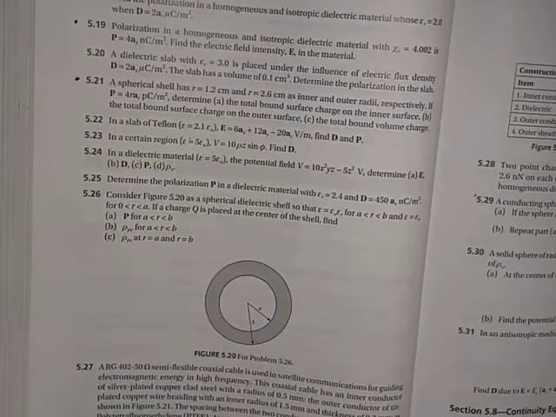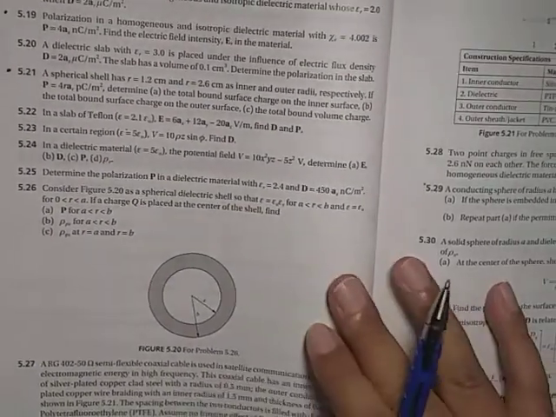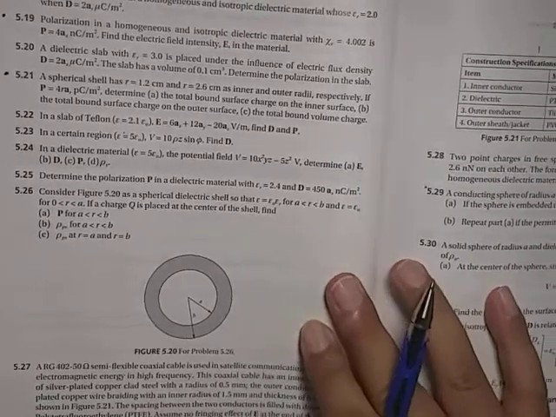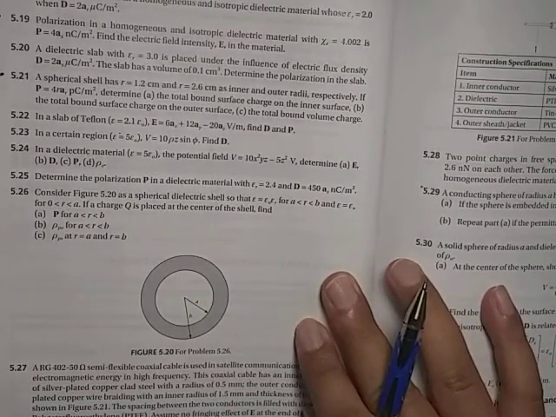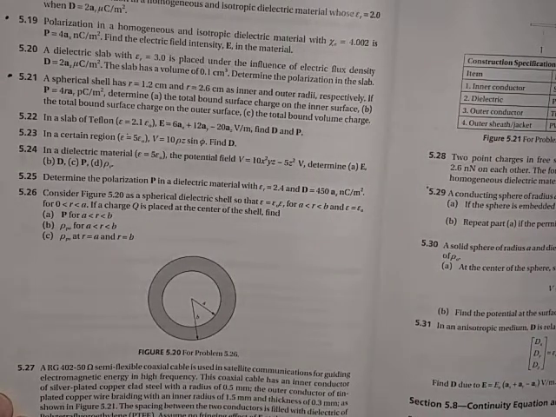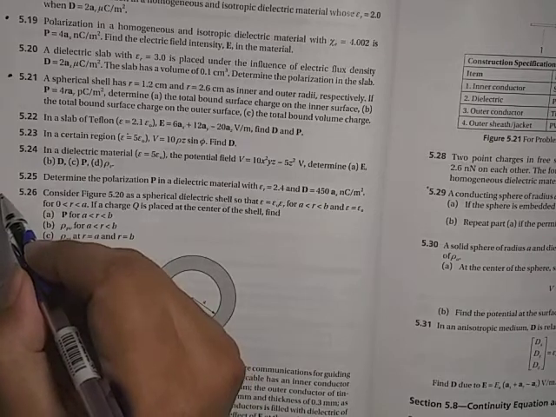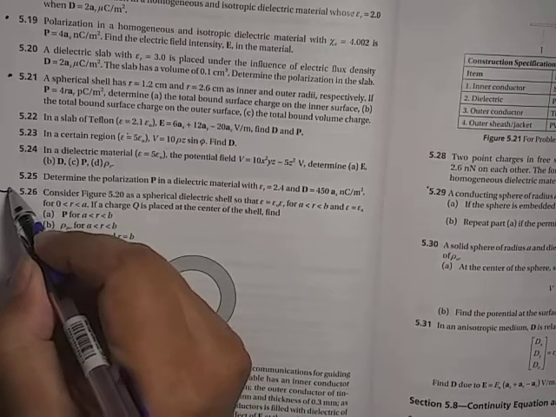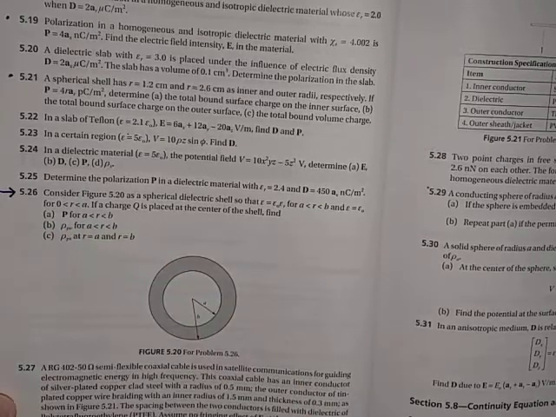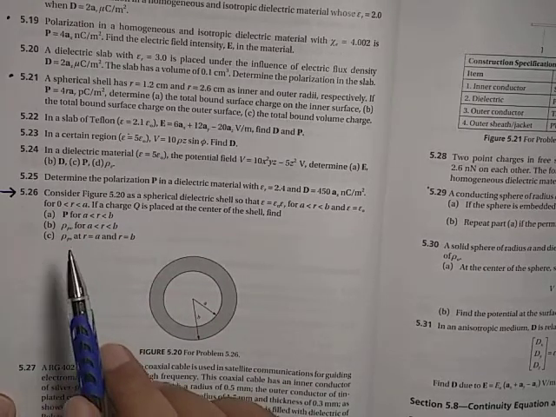Okay, hope you can see the problem. 5.26. The problem will be shown here. I'm going to indicate with my blue ink now. So that should be our intention for this particular session.